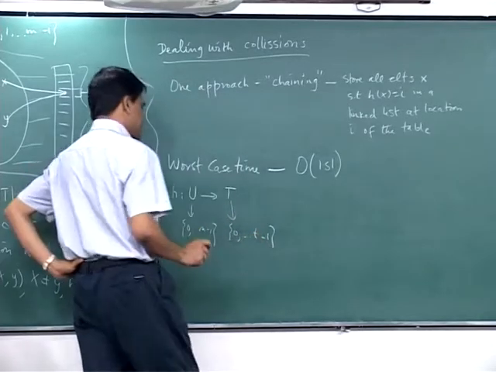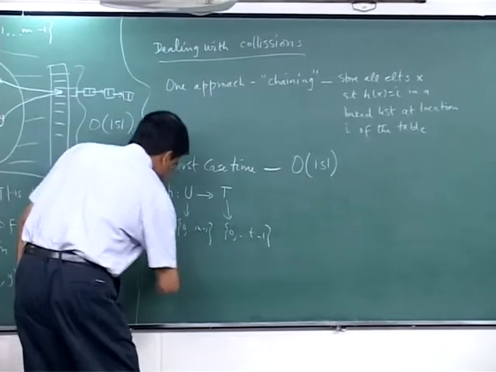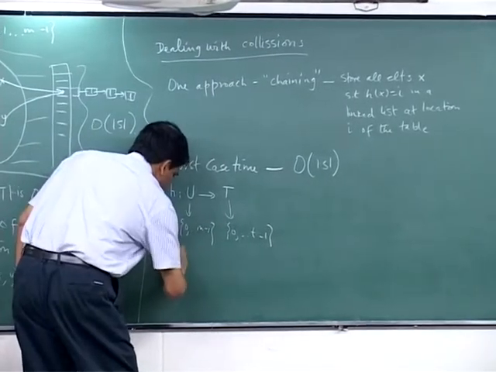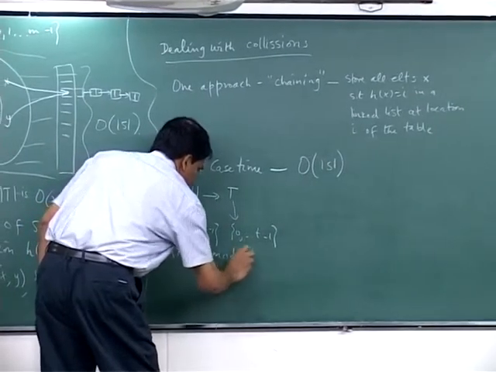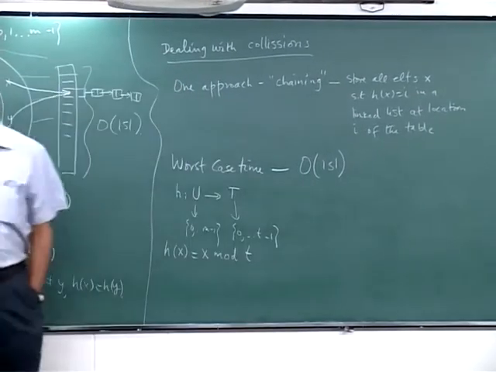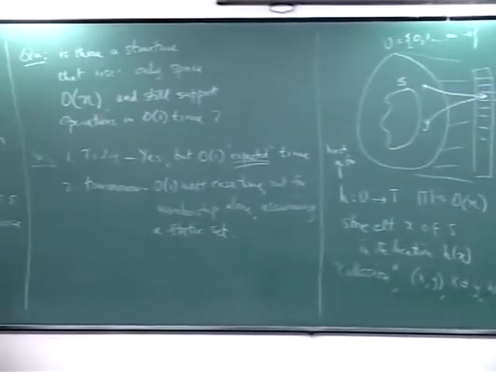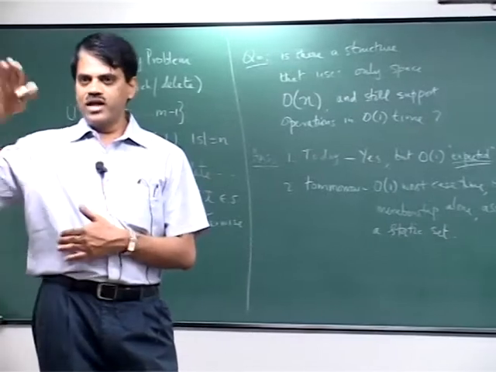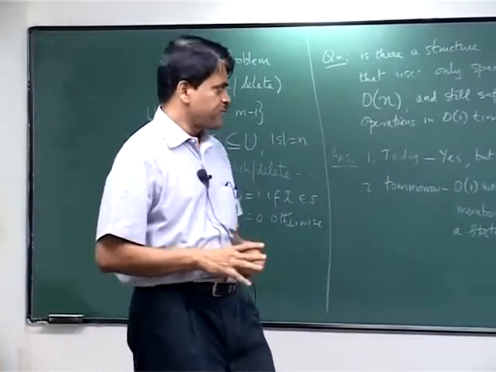Let's figure out what the relationship between t and n is. Now, suppose I just think of a function which simply says x mod t. I've already assumed the universe is integers in the range 0 to m minus 1. I just do a mod t, then the range is clear. It gives you a value between 0 and t minus 1.